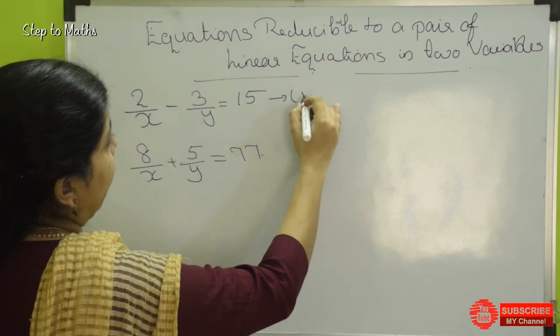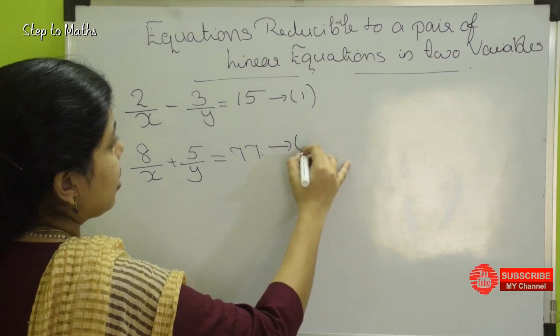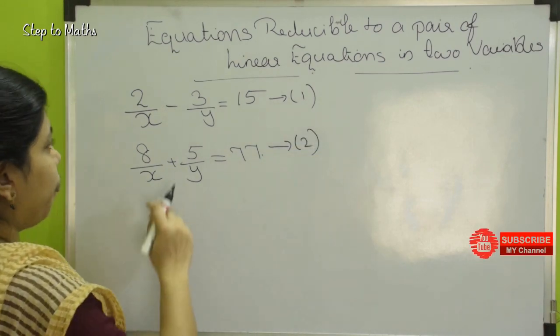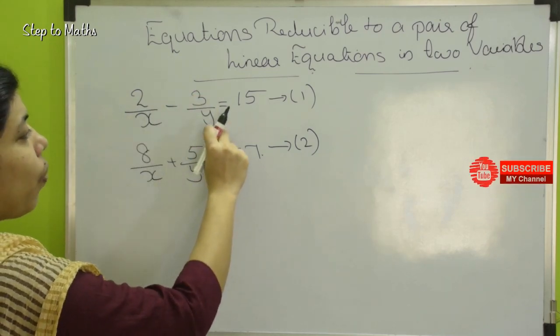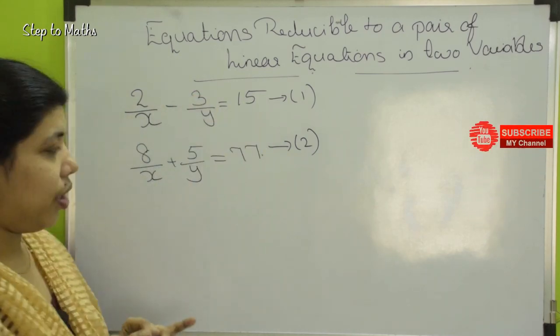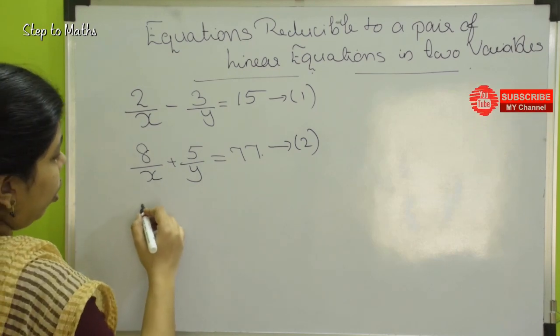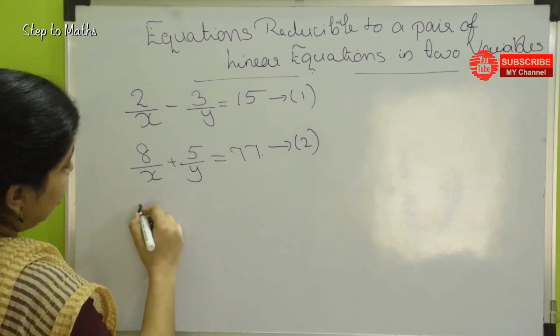This equation we can label as 1 and this is equation number 2. 2 upon x minus 3 upon y is equal to 15. Okay, we make the substitution.